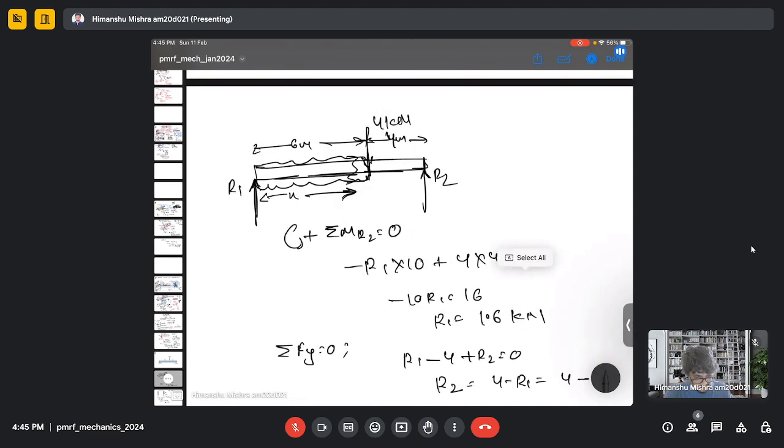Now let's consider cutting some part on this one, and we have a distance. This distance is 10 minus x. The overall distance is 10.